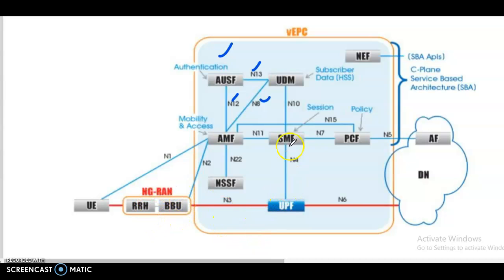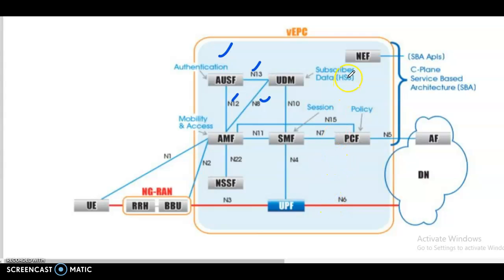Here this UDM is connected to SMF, SMF connected to UPF. Then it is connected to RRH UE, and on this side connected to DN. Here this SMF is connected to PCF, UDM connected to AUSF. This is subscriber data HSS. Here N10 connected to SMF, N14 connected to UPF.